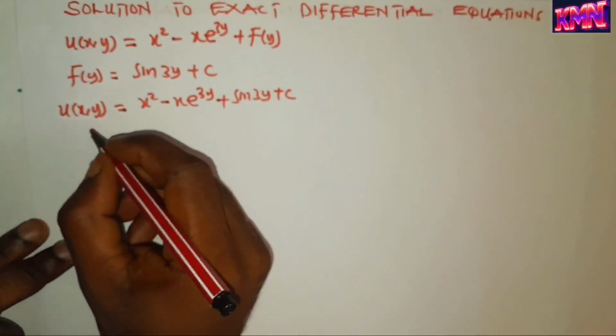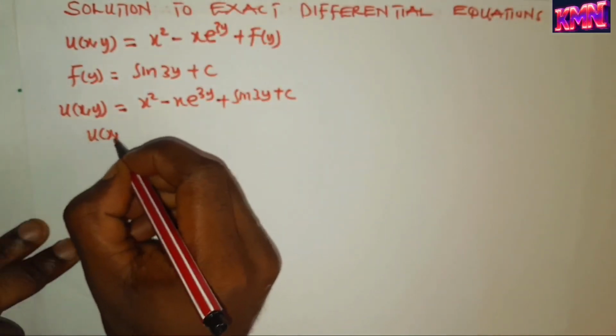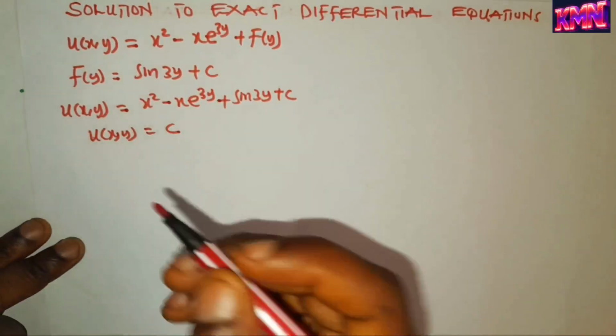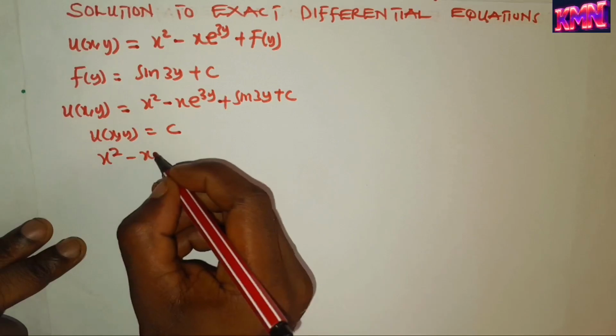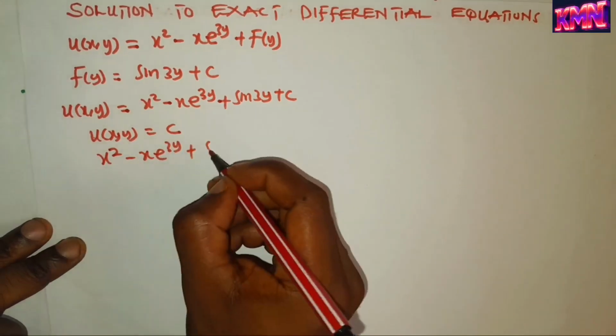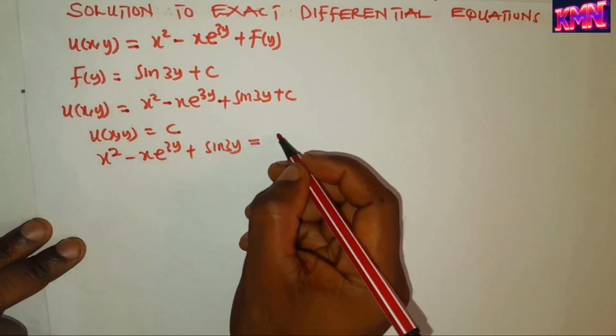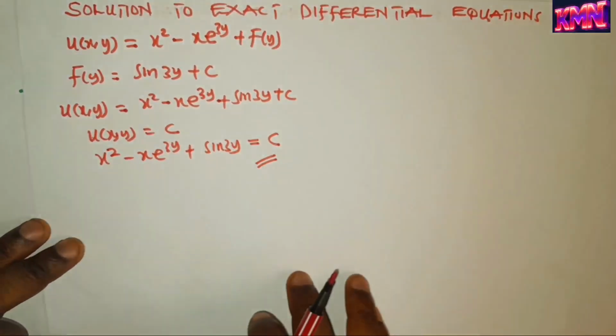But note that we said u(x,y) is equal to the arbitrary constant, hence the whole of this is equal to c, and that's our solution.